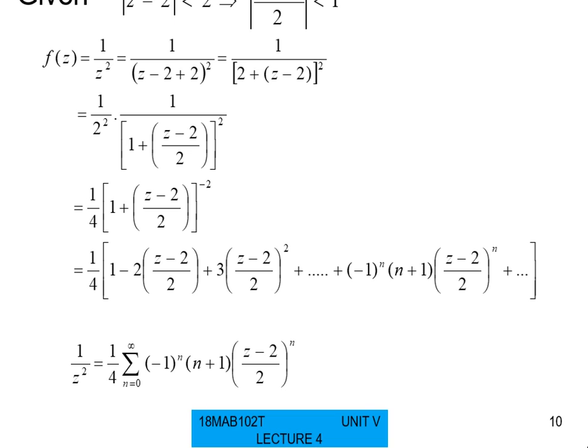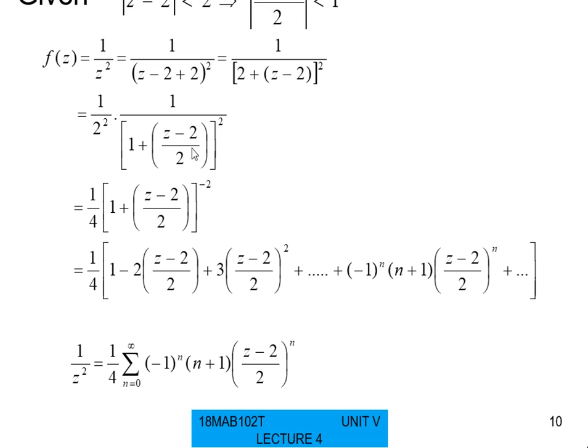Correct? So now 1 by z square is equal to 1 by, add and subtract 2, so z minus 2 plus 2 whole square. So this 2 comes first, so 2 plus z minus 2 whole square. When you take the 2 outside, it becomes 1 by 2 square, which is 1 by 4. Then this term comes, 1 plus z minus 2 by 2 whole power minus 2.